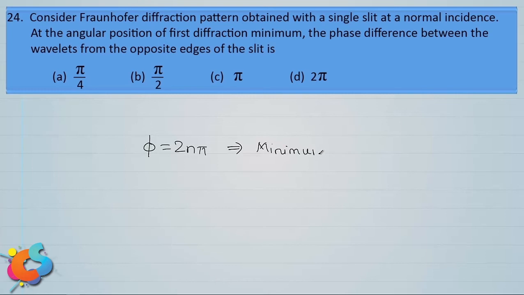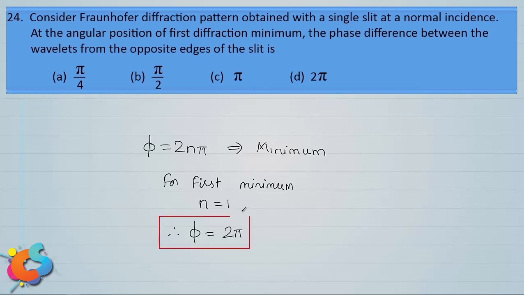Now, in order to get first secondary minimum, for first minimum, the value of n should be equal to 1. Therefore, phase difference is 2 pi. Therefore, option D is the correct answer.